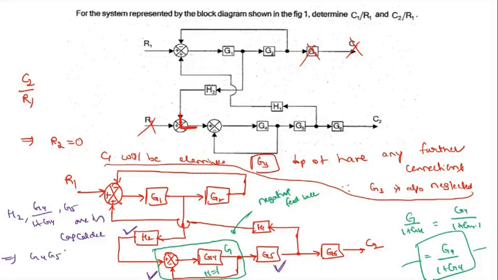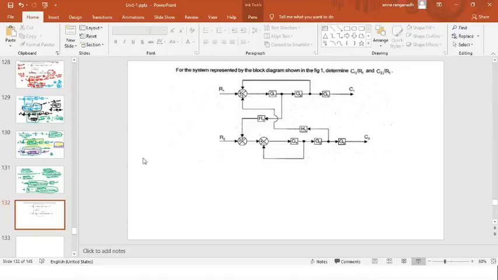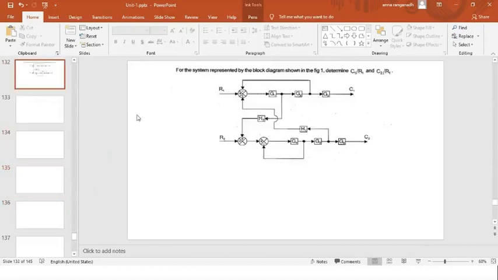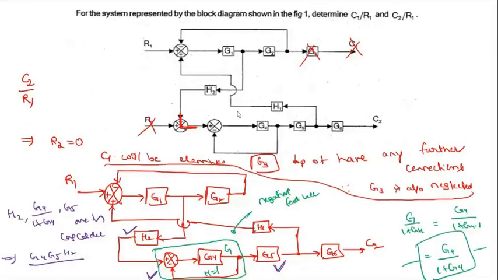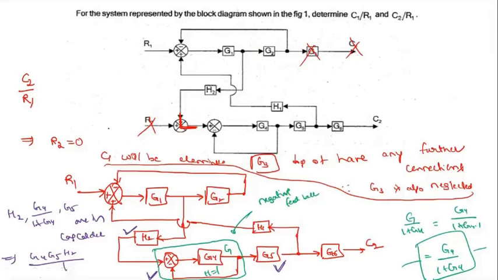G4, G5, H2 by 1 plus G4. Okay, this is the total value.